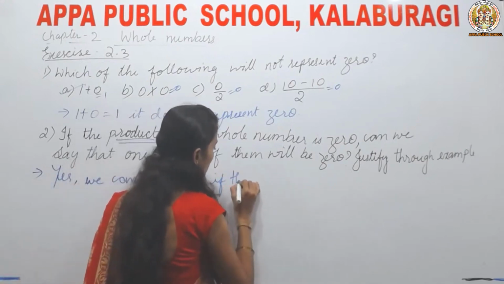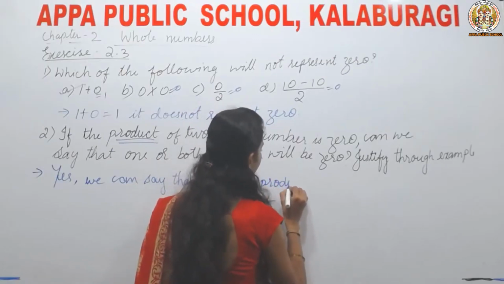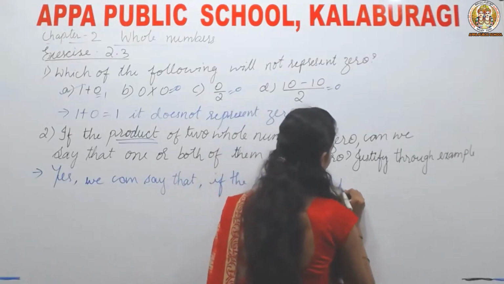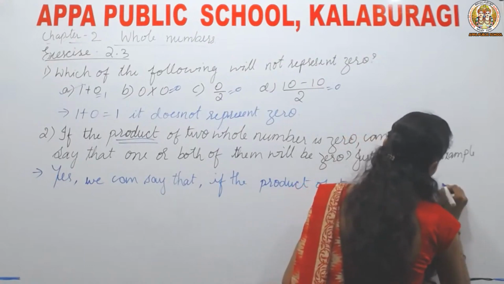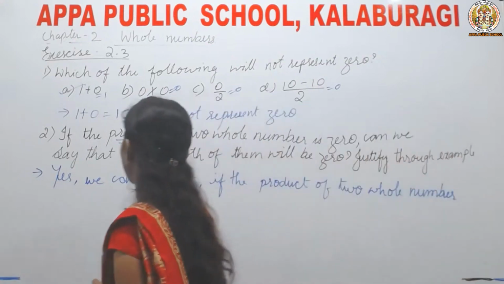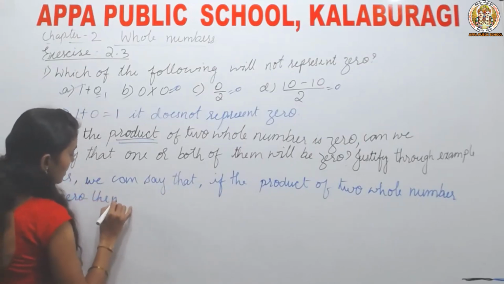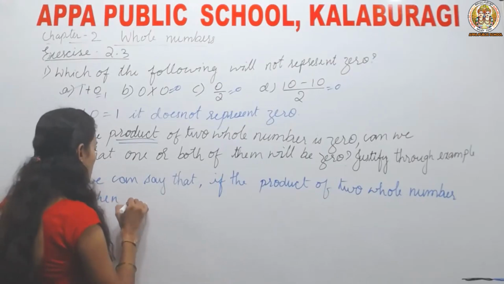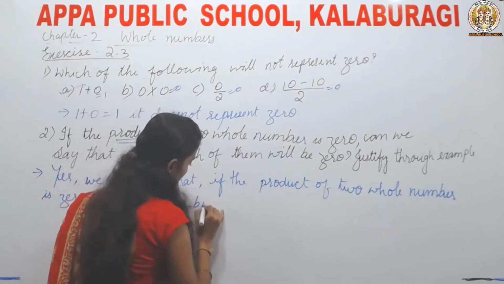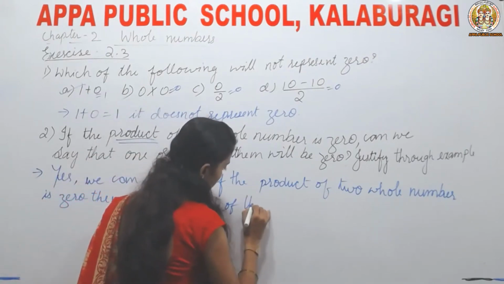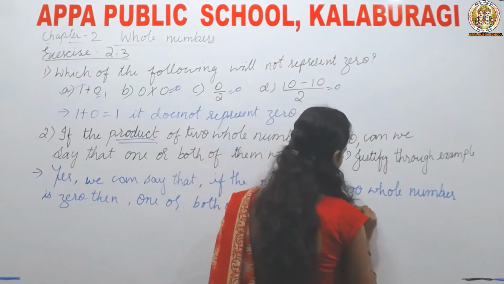If the product of any two whole numbers is 0, then one or both of them will be 0.